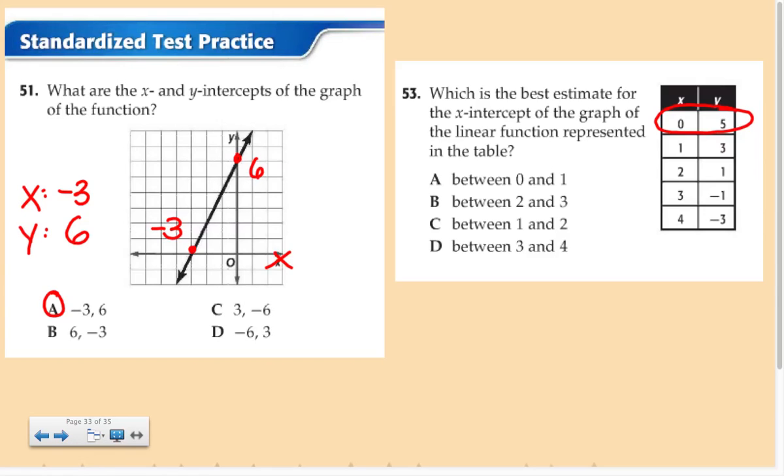So when y is 0, what do I think that x would be? So this is tricky. Let's look at our pattern on the right. 5, 3, 1, 0 would go somewhere in between 1 and -1. So that means my x-intercept has to be somewhere in between 2 and 3. So that one would be B.